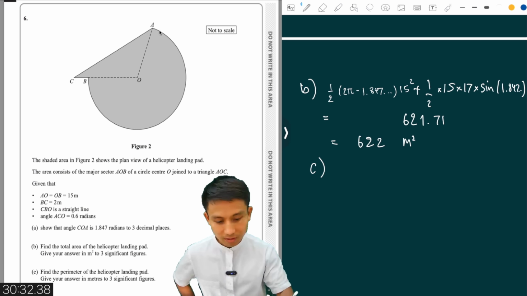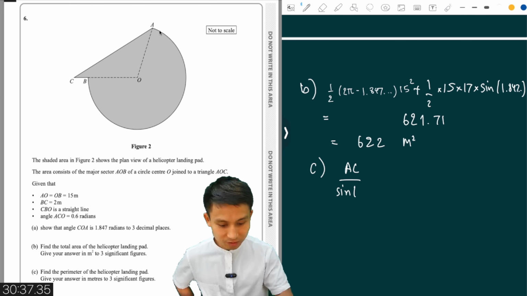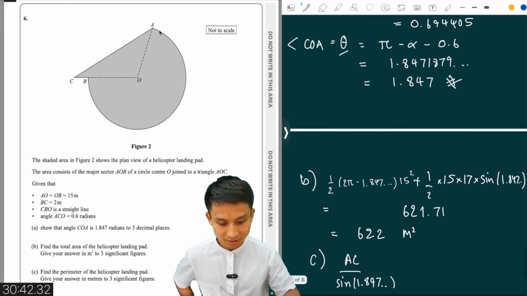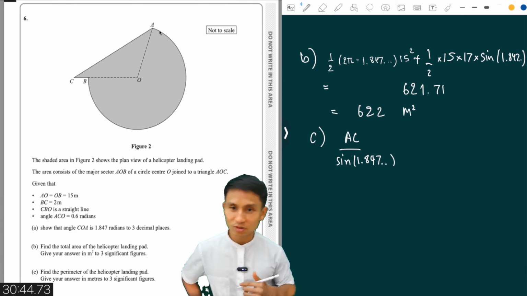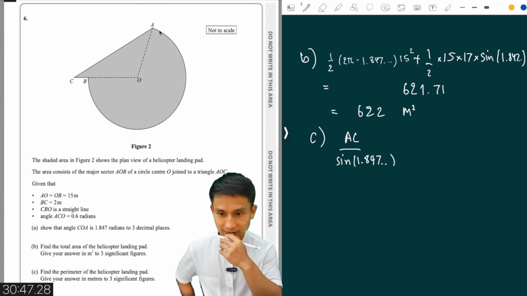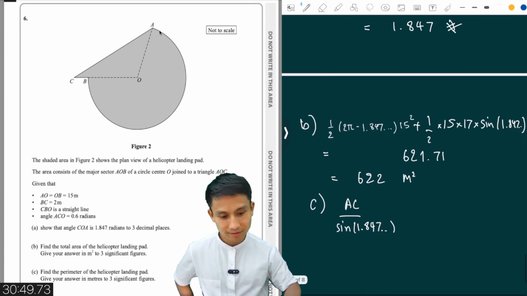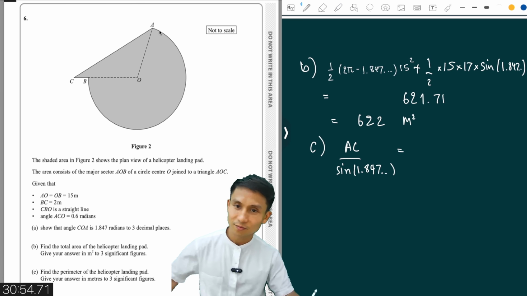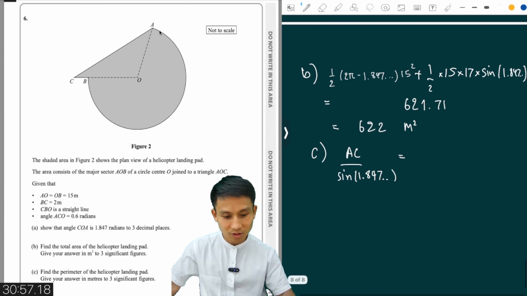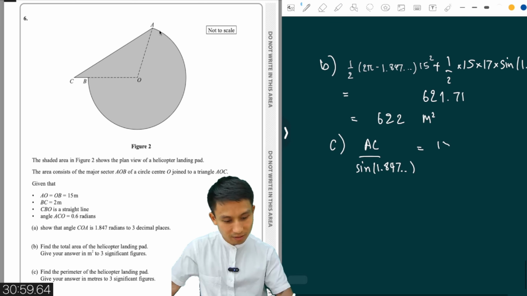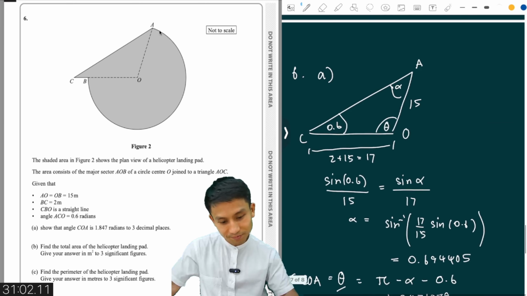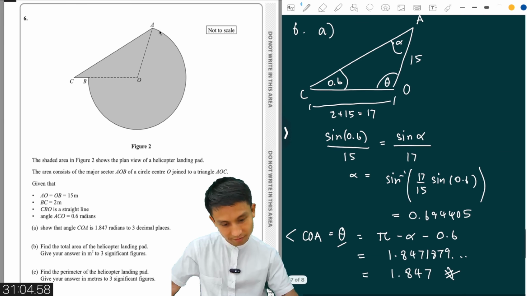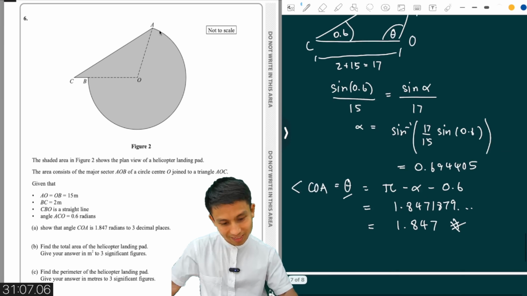So AC divided by sine of that theta, which is 1.847 and so on, that's the major segment angle, the angle AOC. Then it equals, which one should we take? I'm going to take OA, which is 15, divided by sine of 0.6, right?